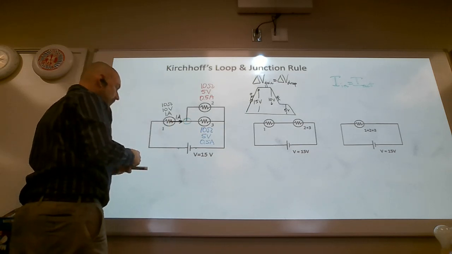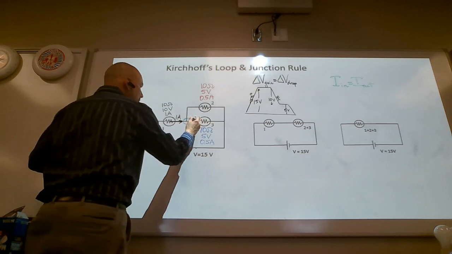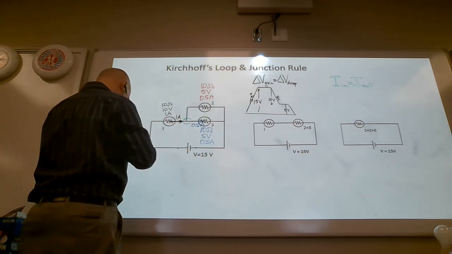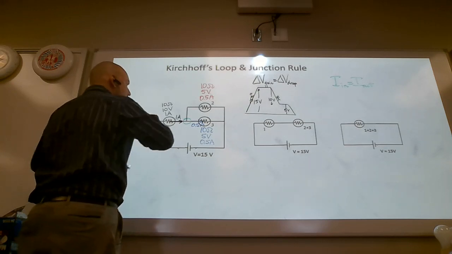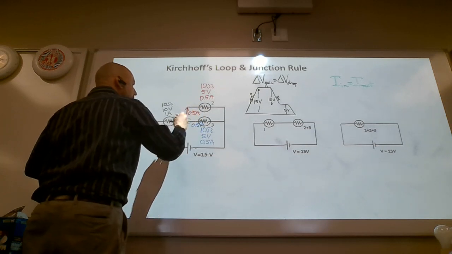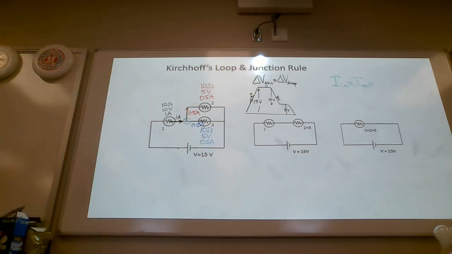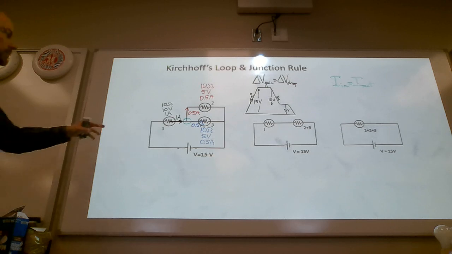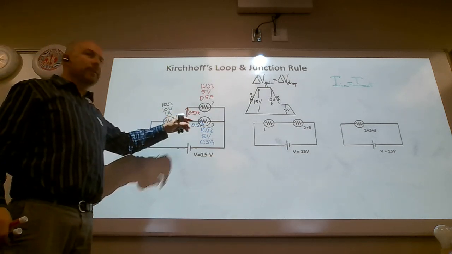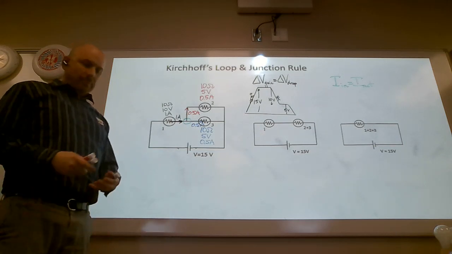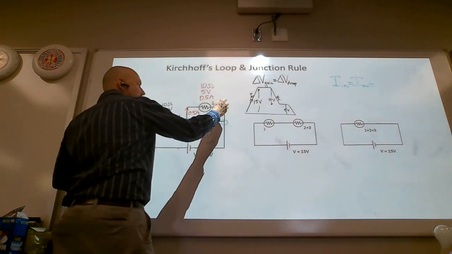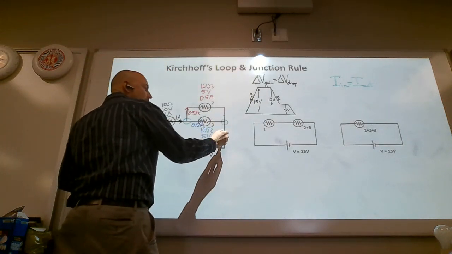The current out of this junction is 0.5 amps and 0.5 amps. In 1 amp equals out 0.5 plus 0.5. And that will always work. On this junction, it's 0.5 going in, 0.5 going in, 1 going out.